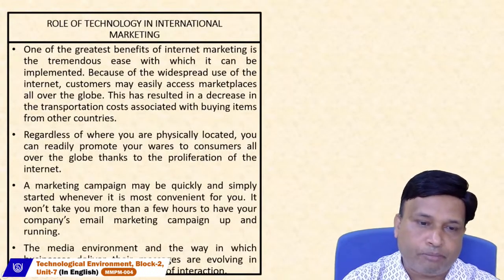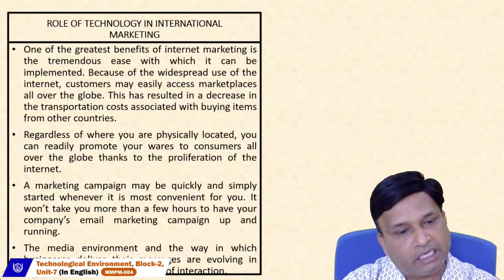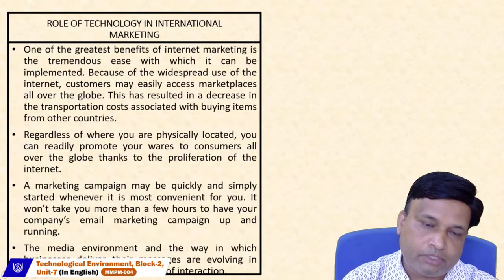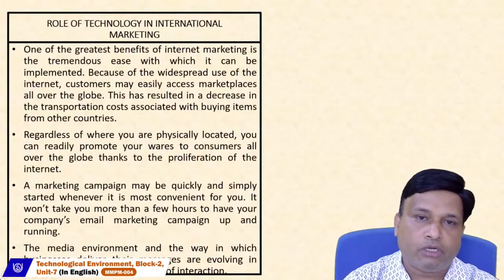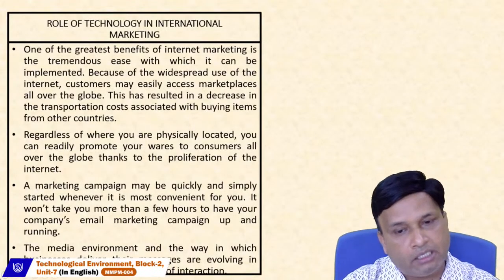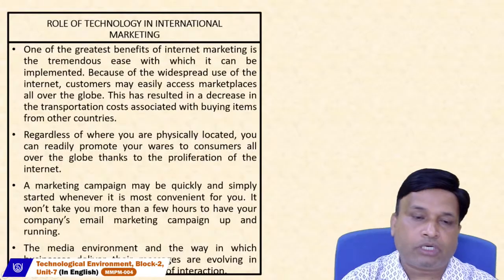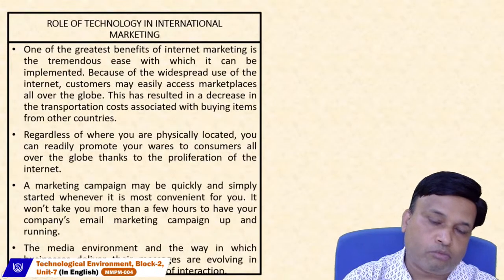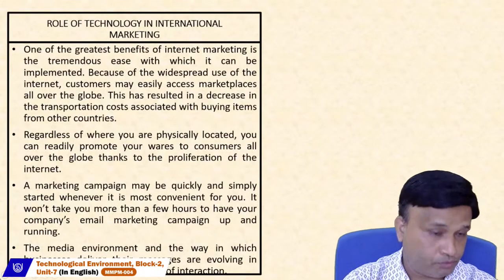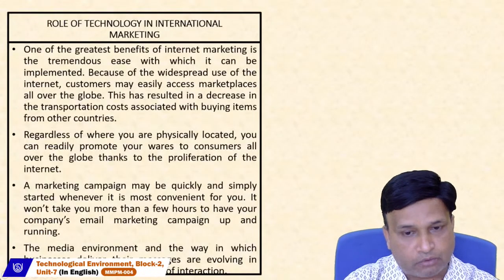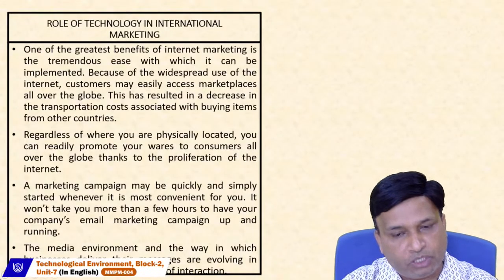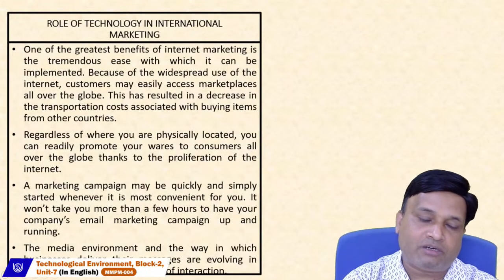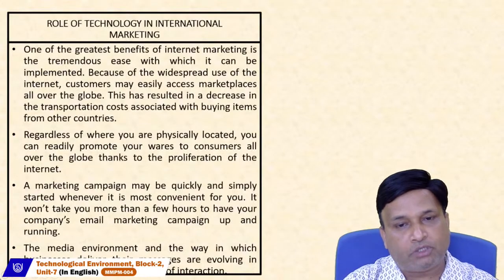The marketing manager's campaign can be started quickly and immediately, whenever it is convenient for you. Before that, you had to have a script and executions, and everything had to be done in a planned way. But now there is the convergence of social media and social hangouts. People go for a hangout, and before they eat any food, they take a snap of the food and promote it on social media.